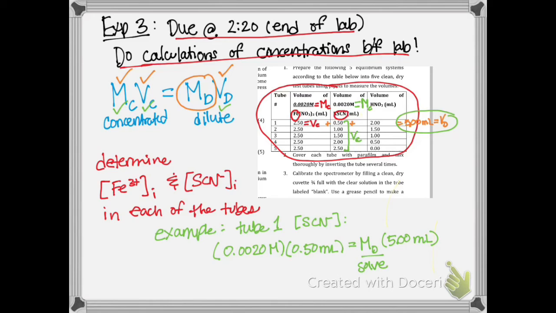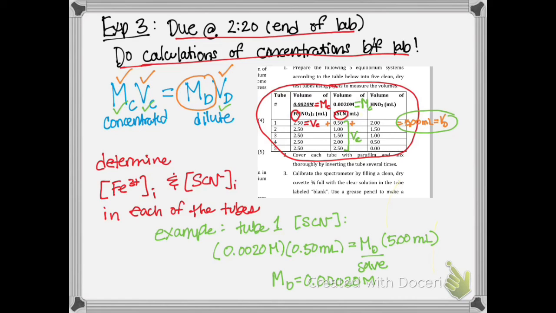Solving gives us our concentration equal to 0.00020 molar, so 2 significant digits.